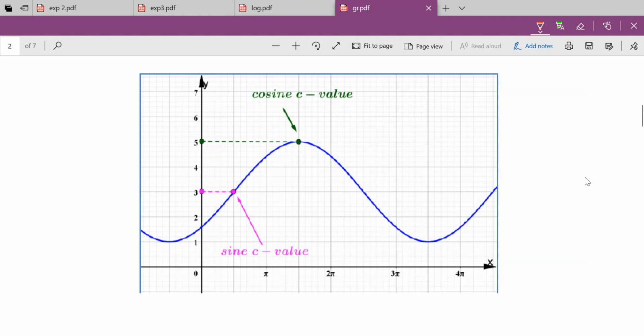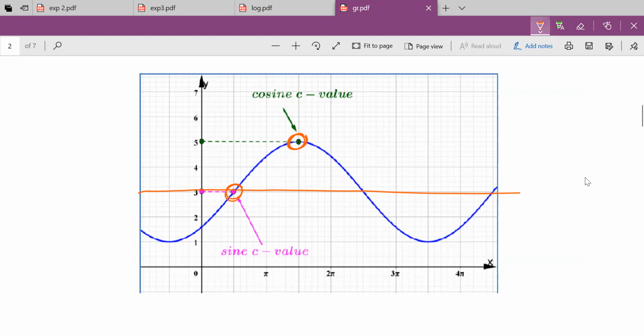The C value is the only thing that changes, the horizontal translation or the phase shift, between a sine and a cosine. A sine graph starts on my midline going up. That's my C value. A cosine graph starts at a max going down. That's it.